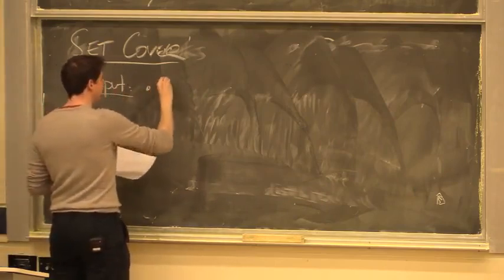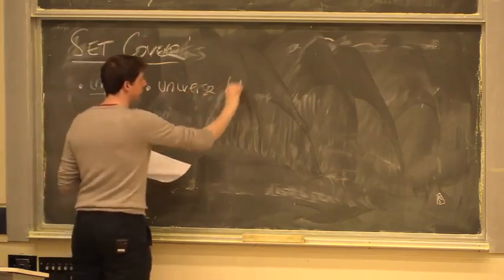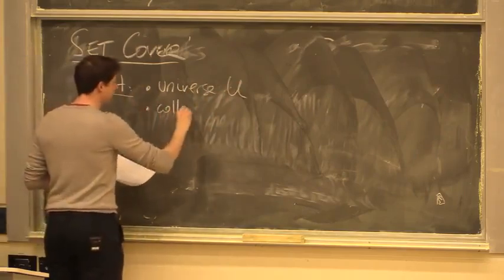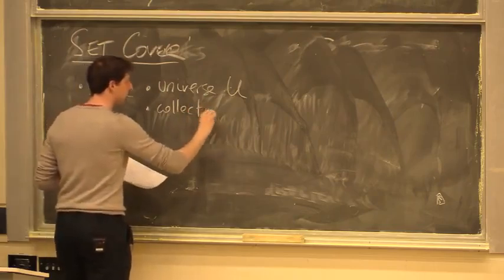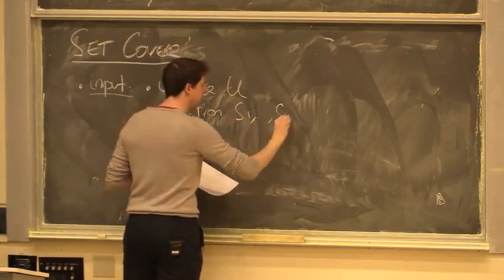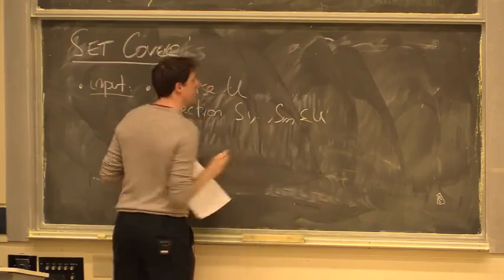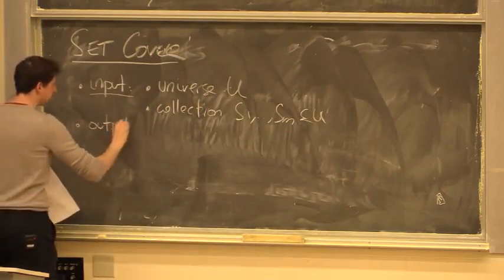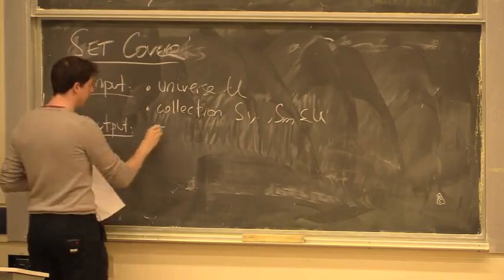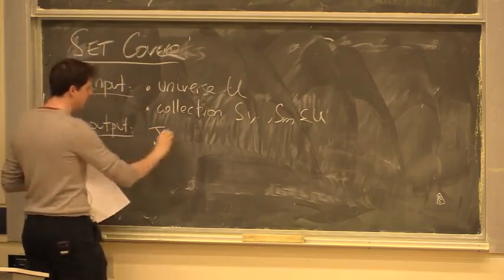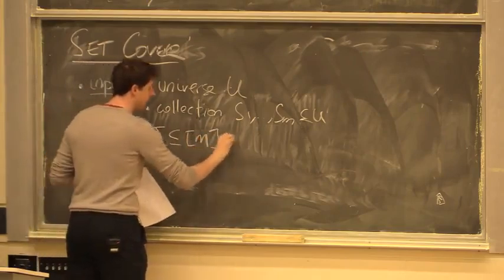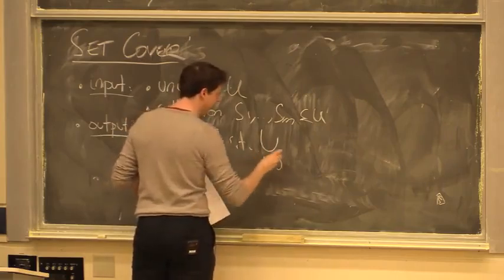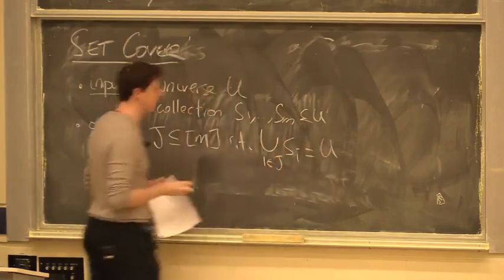Your input: you have some universe U of points, and you have a collection of subsets, S1 through Sm. These are subsets of your universe. As an output, you want a subset of indices such that if you take the union of sets over these indices, you get the universe.